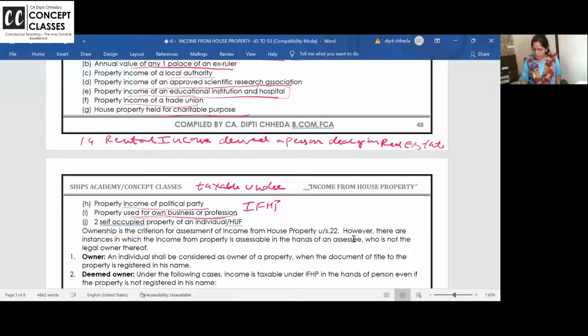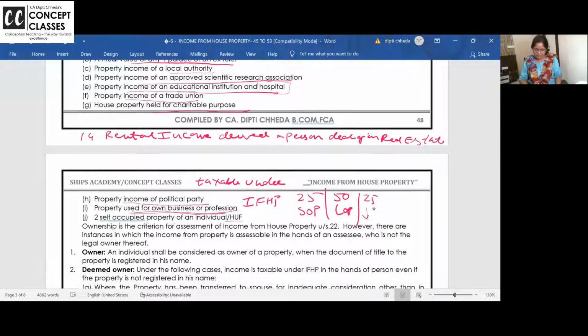Is this clear to you? 25% self-occupied, 50% let out. Remaining 25%, you are the owner and you are using it for your own business. We have solved the problem. All the expenses related to this 25% are deductible under the business head.